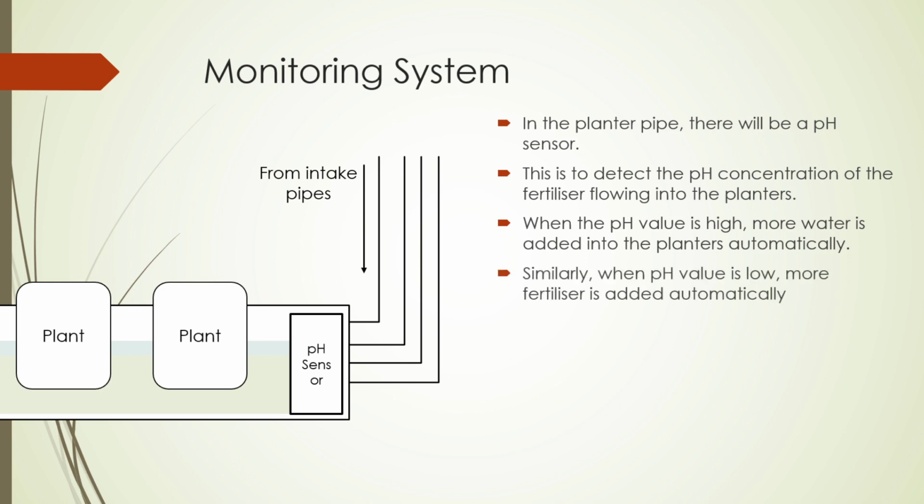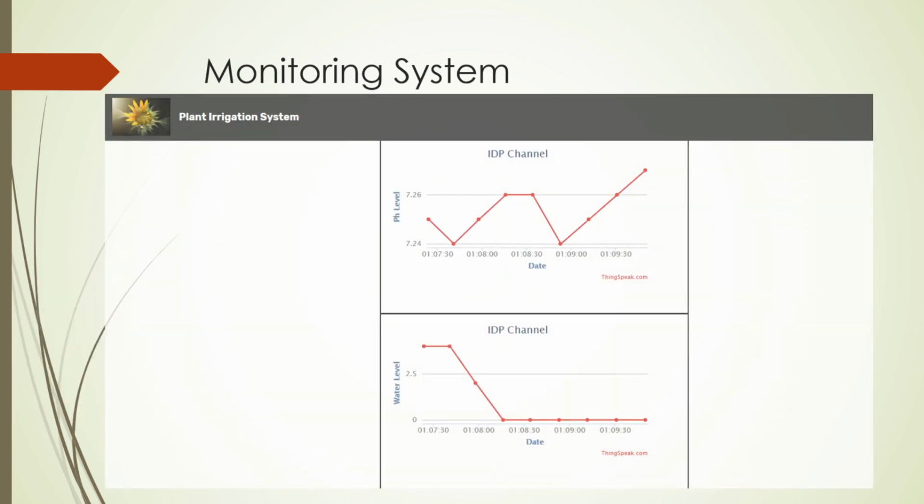And when the pH is low, it will let the fertilizer from the fertilizer tank add more to the pipe. All this is achieved by using an actuator, where the actuator blocks off the flow of the water and the fertilizer. And this is the sample from the web page, which shows the pH level and the water level.